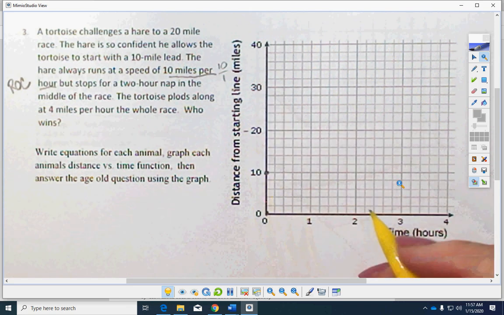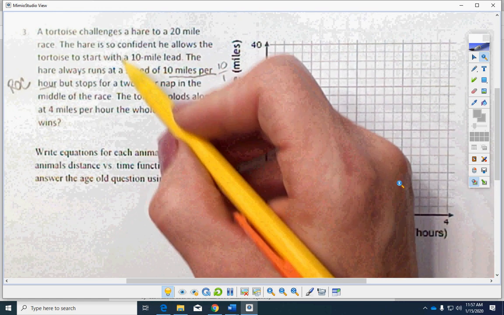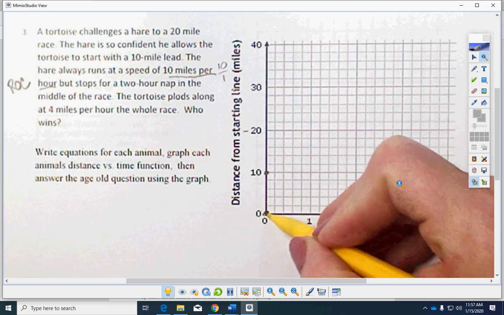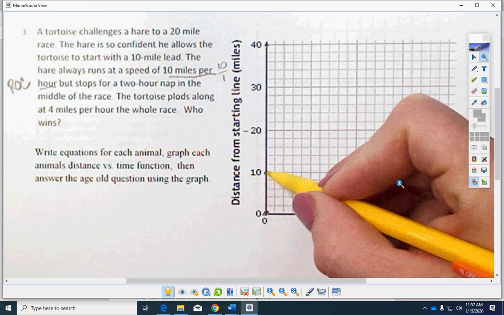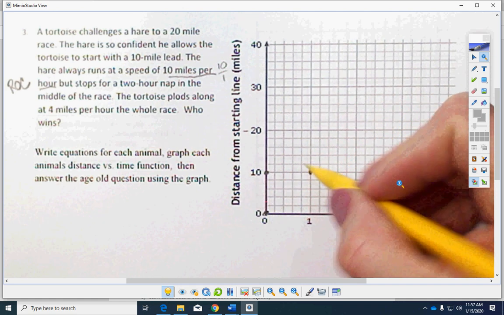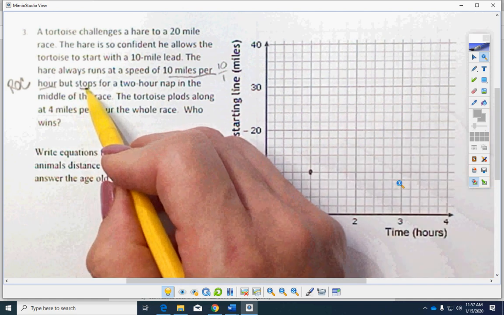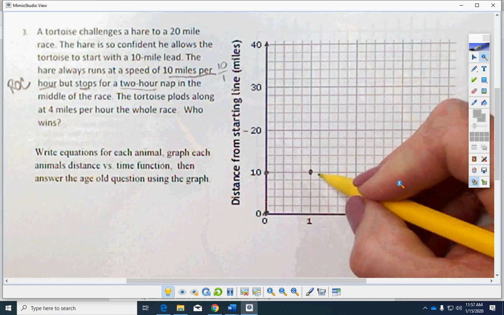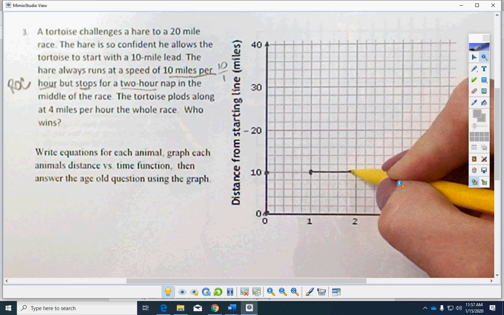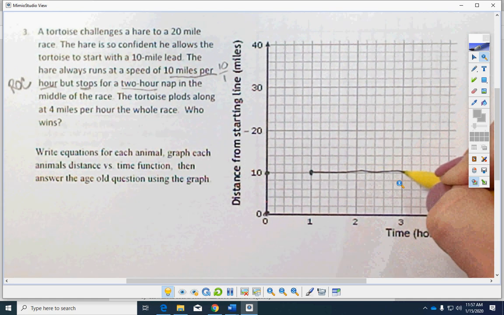Be careful when you're going up 10 over 1. So if we're talking about the hare starts at 0, and he goes 10 miles in 1 hour. But he stops for a 2-hour nap, which means this distance stays right where it was for 2 hours.